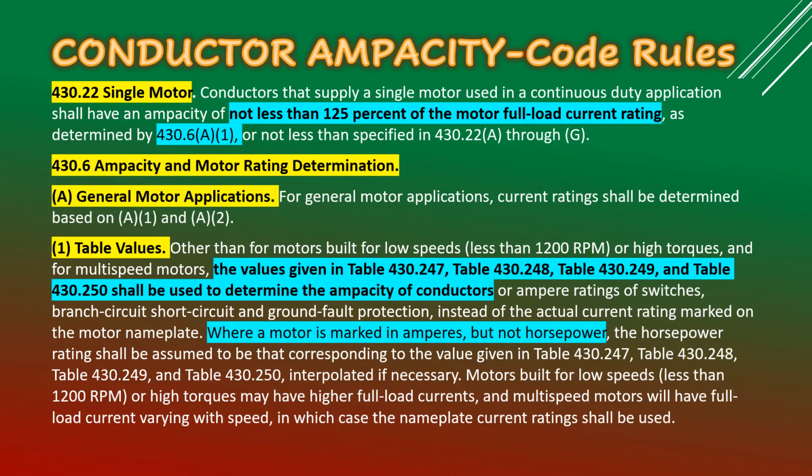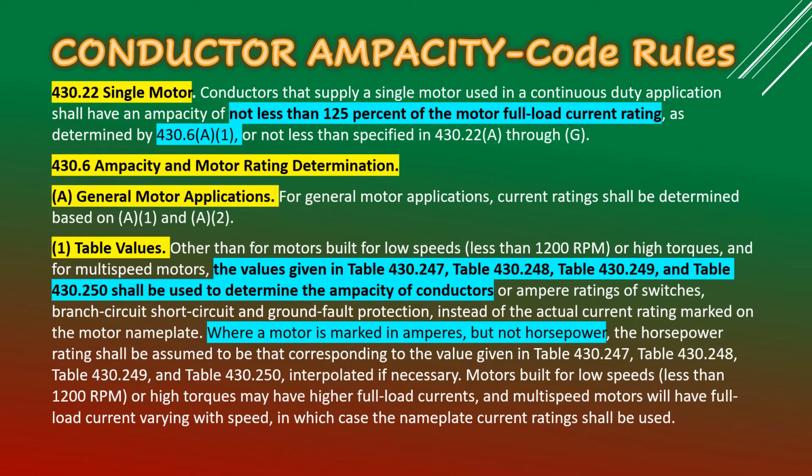on the motor nameplate. So this code rule is simply telling that if the load is a motor, we have to use these tables to get the full load current of the motor, and we should not use the current rating as placed in the nameplate.